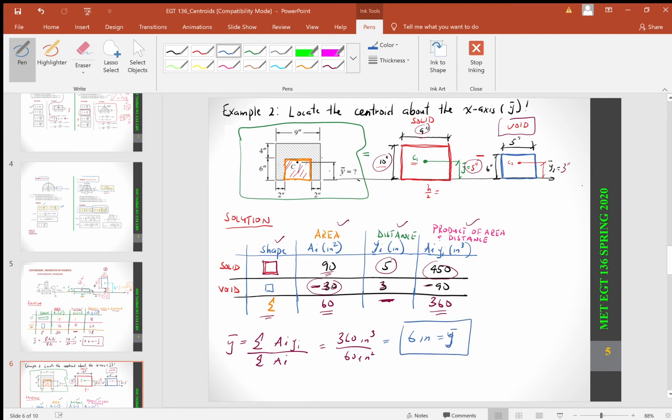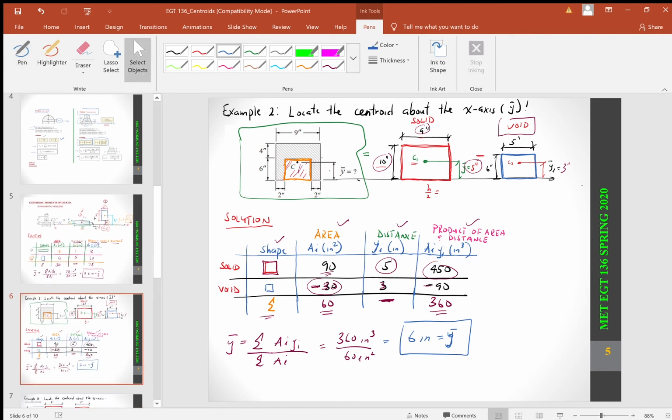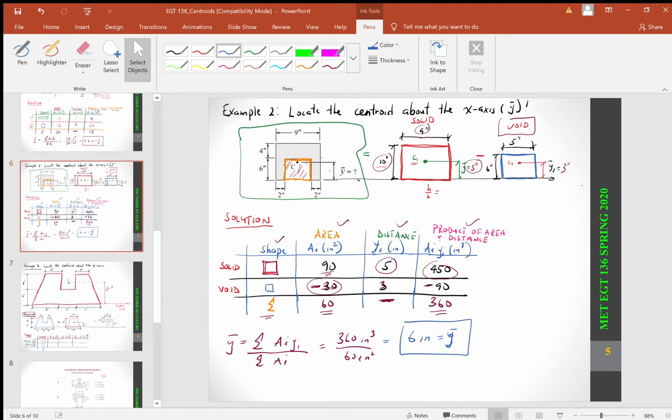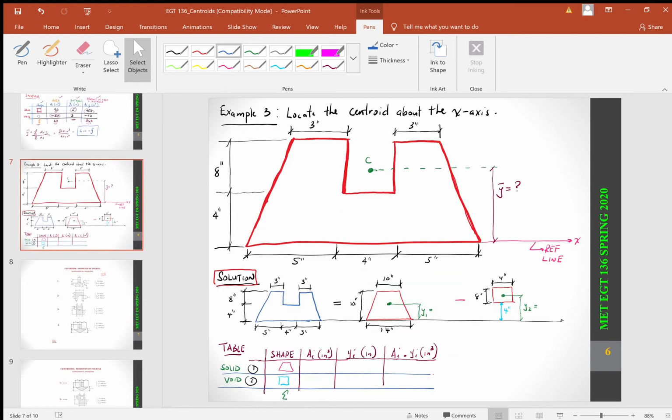Okay, all right, so let me do one more problem. Here's a trapezoid in a nutshell, but you have this component taken out.